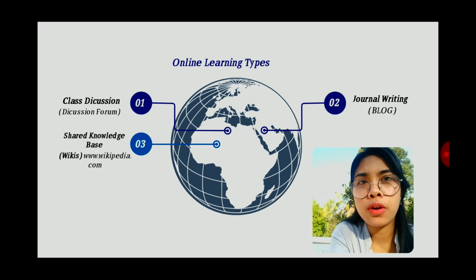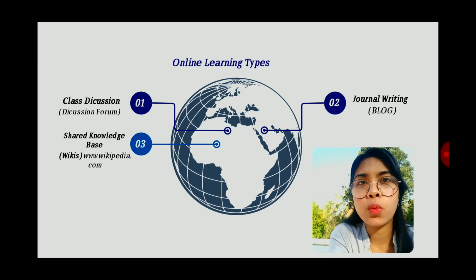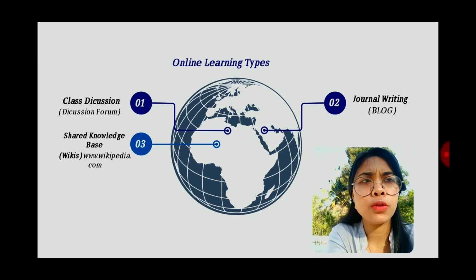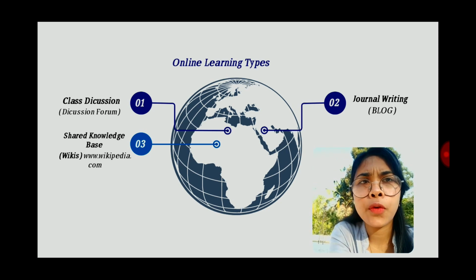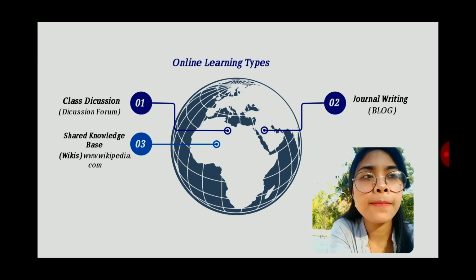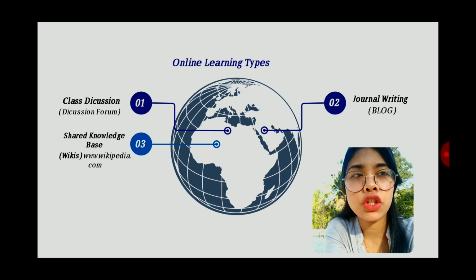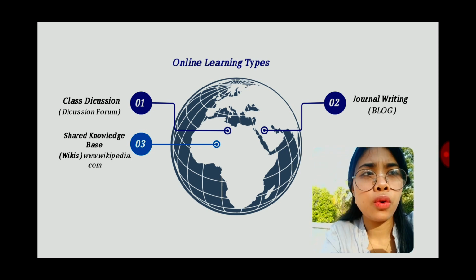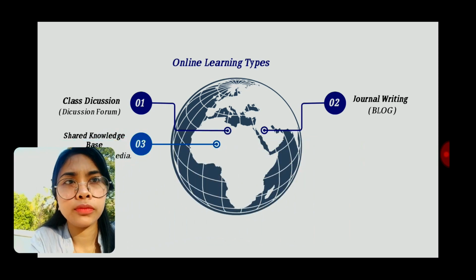Example tools of this shared knowledge base are wikis, like Wikipedia. In this tool or platform, the student can revise or give additional explanation about what they know, or share their knowledge.